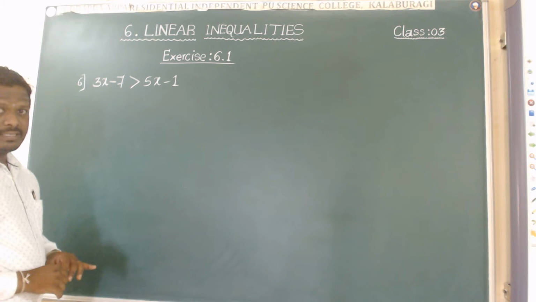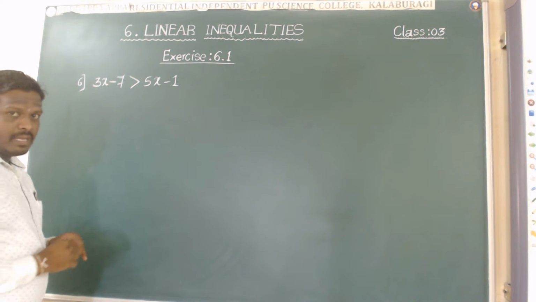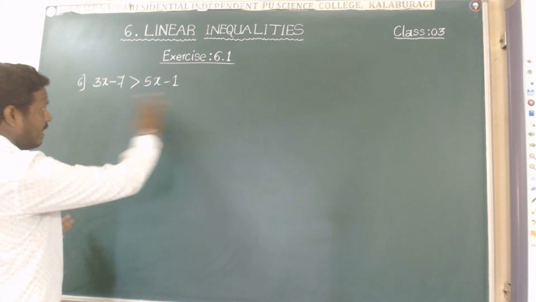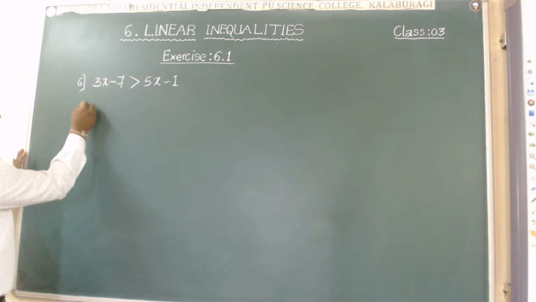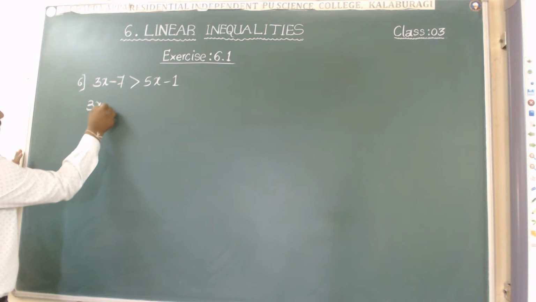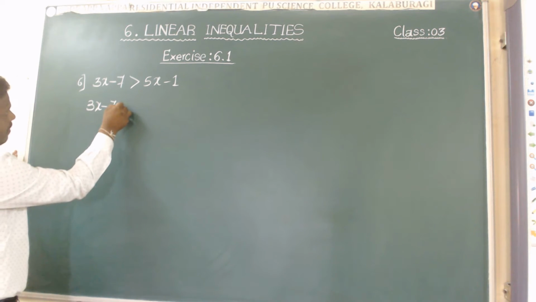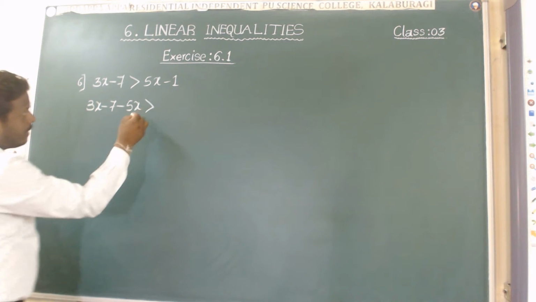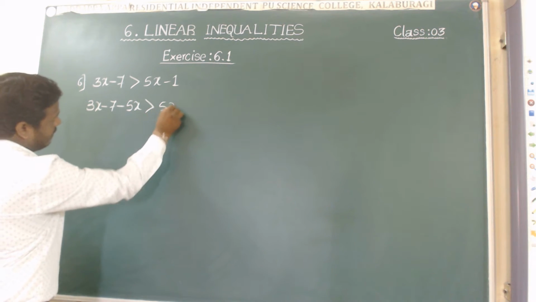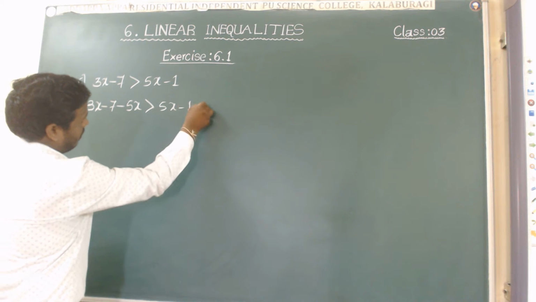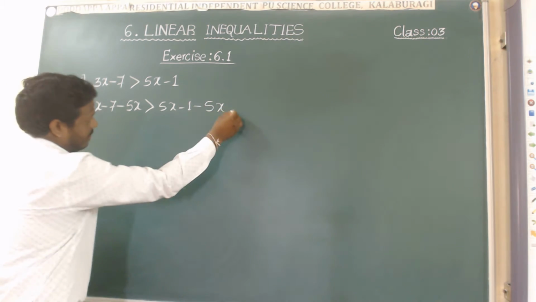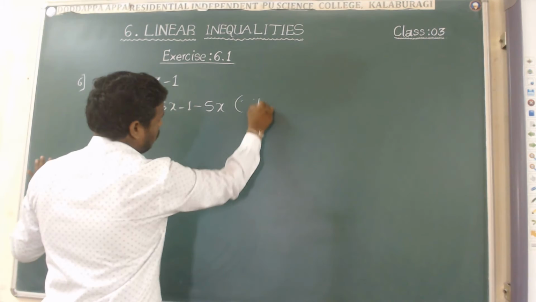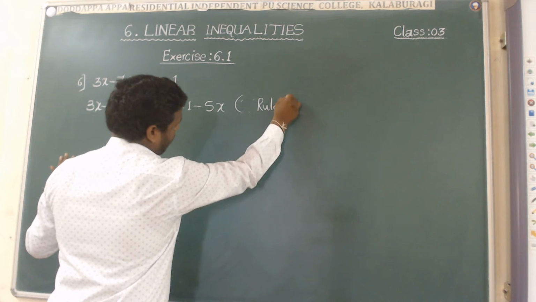That is 3x minus 7 minus 5x is more than 5x minus 1 minus 5x, because of the first rule.